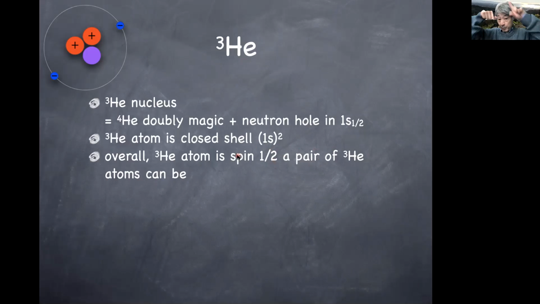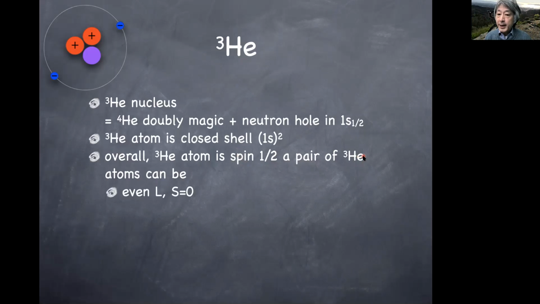This antiparallel configuration is not the preferred state, it turns out. But nonetheless, you can form an antisymmetric combination of two helium-3 atoms. Then the pair of two helium-3 atoms becomes a boson effectively. And you can talk about the condensate of that boson of two helium-3 atoms, and then you can talk about superfluid because of that.